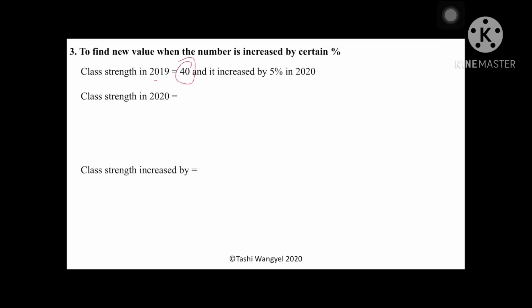So we need to find the 5% increase. First, the initial number is 100%, and we add a 5% increase of the initial number, so it becomes 105% of 40.